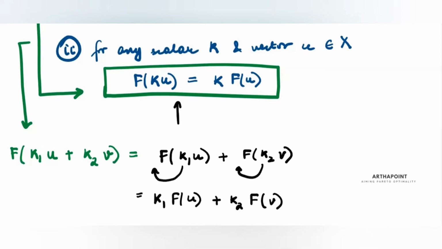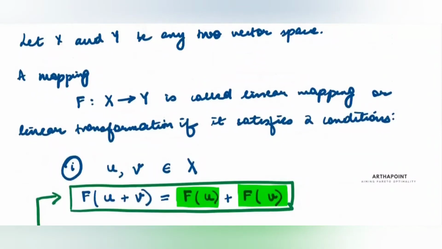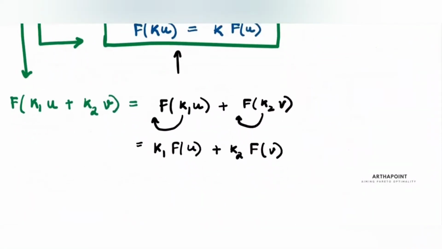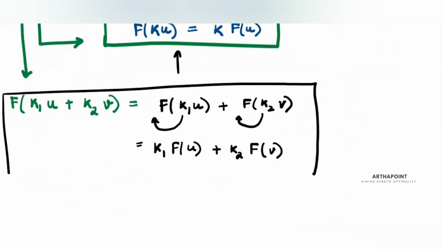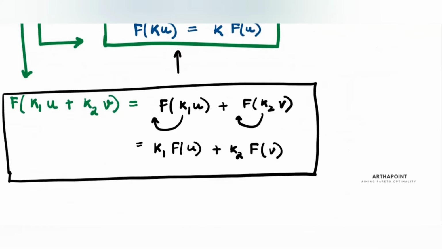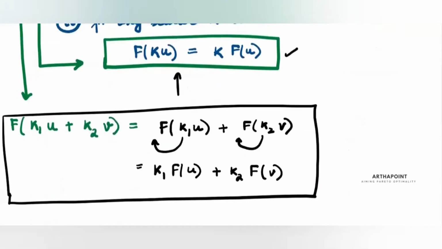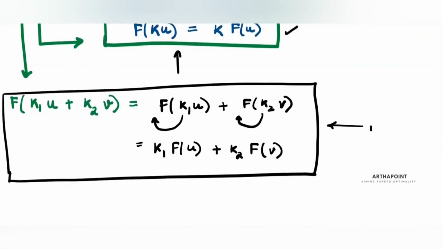So for a linear transformation or linear mapping, for any two vectors u and v that belong to my vector space, I must have this condition satisfied. It is written as one condition for these two conditions together. If this condition is satisfied, then automatically it is a linear transformation.